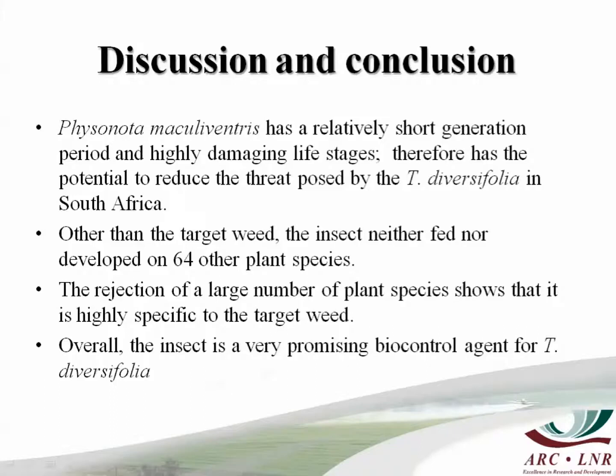The rejection of a large number of plant species shows that this insect is highly specific to the target weed. I can conclude that the insect is still promising as a biological control agent for Tithonia diversifolia, and it could reduce the threat posed by this weed in South Africa.